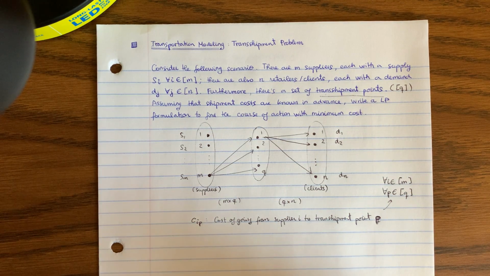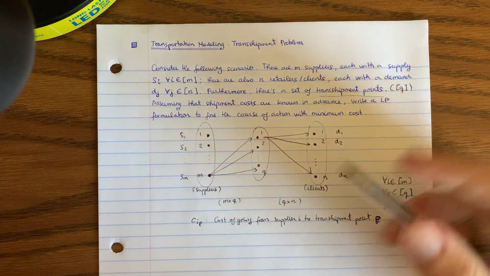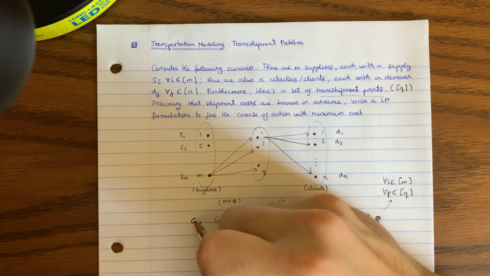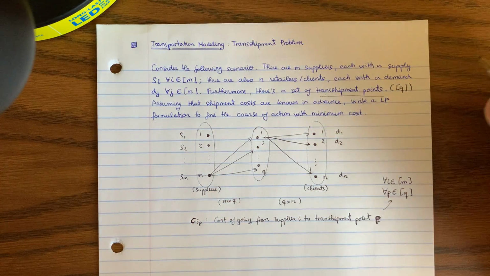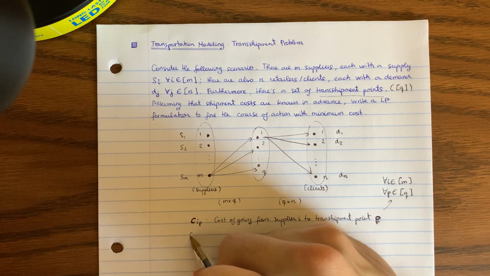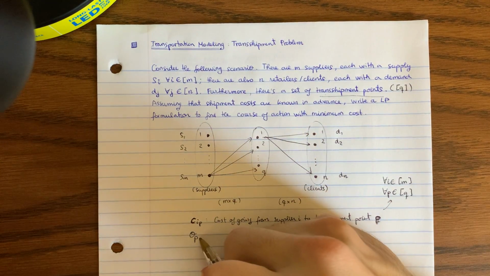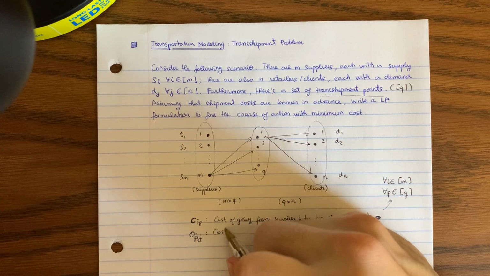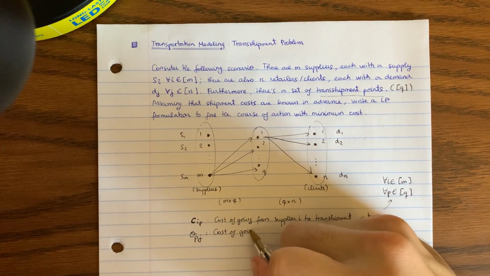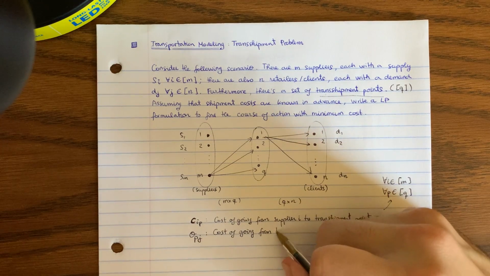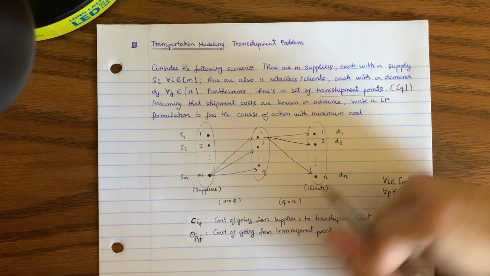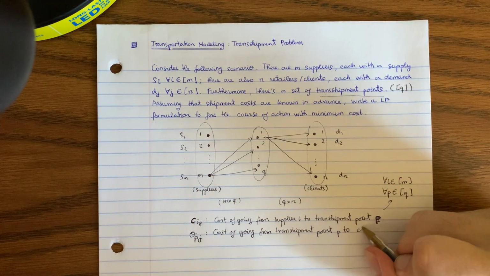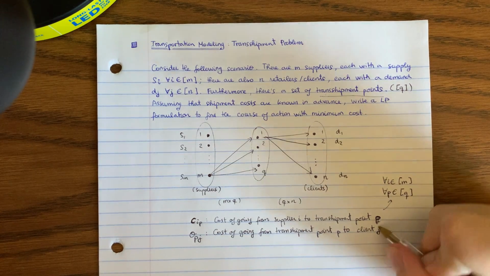Of course, this is only the costs of these arches, so I'll just make another variable, and I can label it with another letter. I'll just use O. O from P, and I'm just going to use letter J to represent the cost of going from the transshipment point P to client J, right?